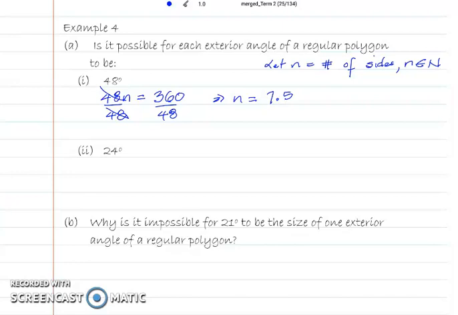So therefore, my answer is going to be no. The question asked, is it possible for each exterior angle of a regular polygon to be 48? The answer is no. And the simple reason is that when the exterior angle is 48, n is going to come out to be 7.5, which is impossible. All right.